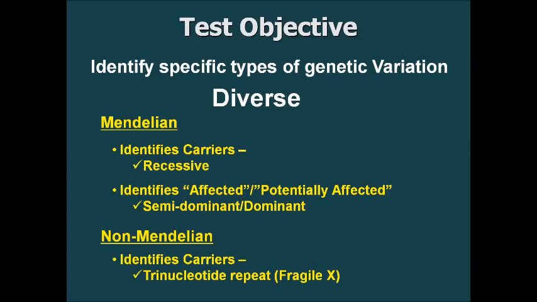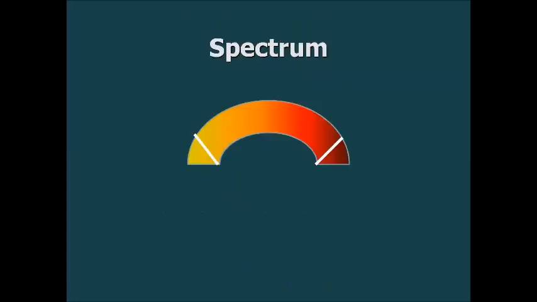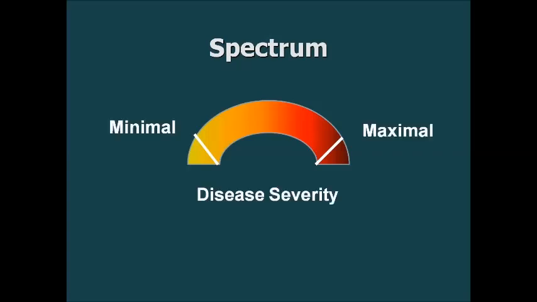On these panels we see as well trinucleotide repeat disorders. My point here is that there is a diverse group of genetic variation that we're testing for on expanded carrier screening panels.